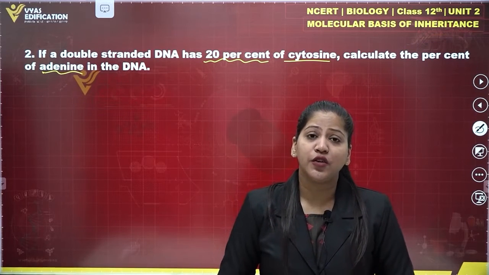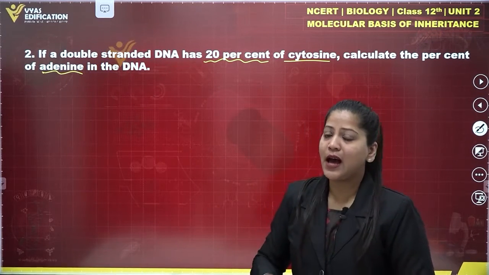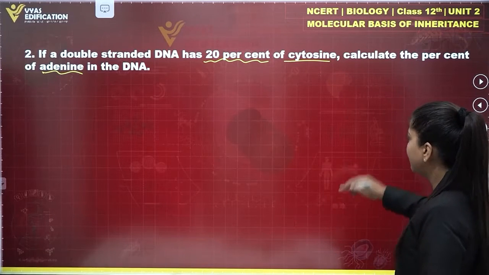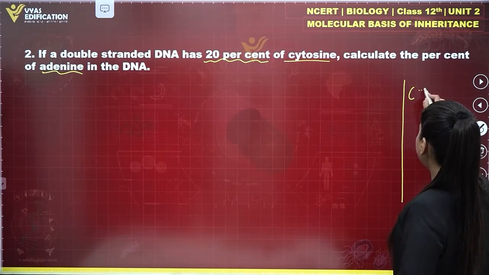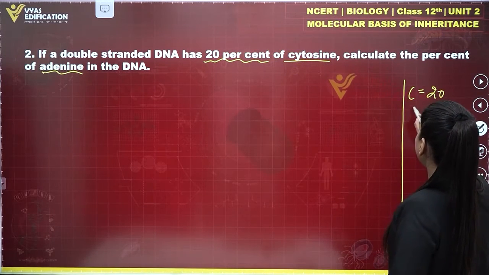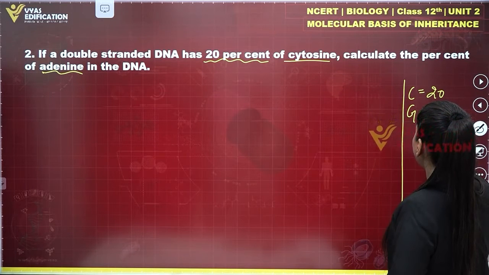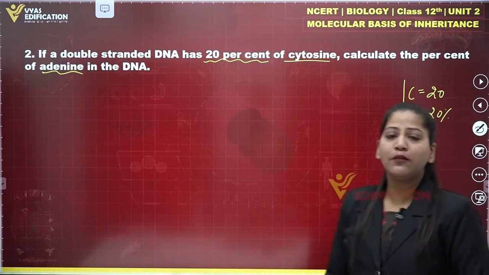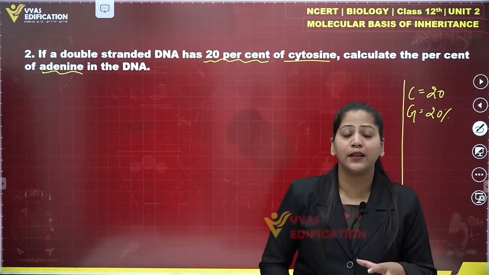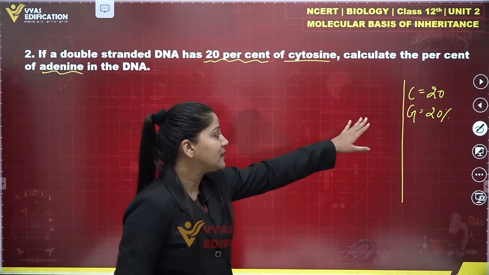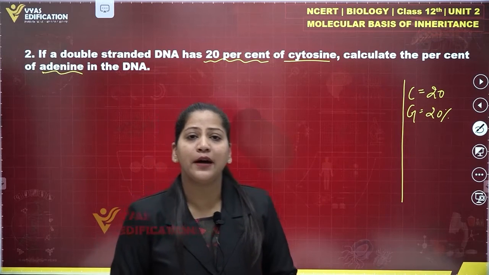That means G is equal to C. And we are given C as 20%. So automatically, if C is 20%, then G will also be 20%. And to calculate A, we will subtract the total percentage of C and G from 100%.